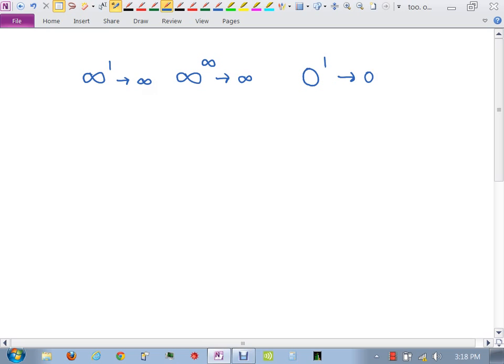How about this one? 0 to the infinity. What does the base want to do? Get small, right? Go to 0. What does the exponent want to do? Be careful here. You think huge, right? But you have to understand the properties of numbers between 0 and 1.